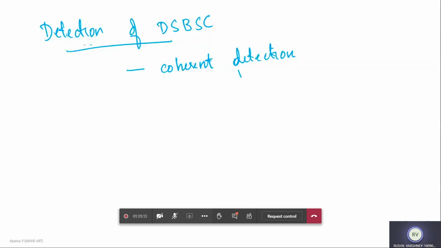The phase difference is constant. Yes, if the phase difference is the same or aligned, then the two signals are coherent to each other. So here, v(t).